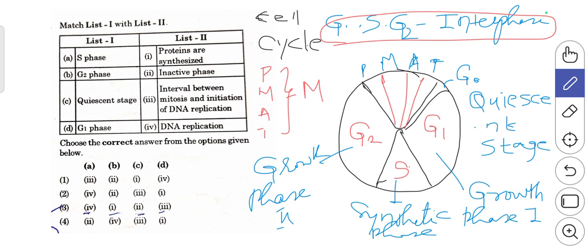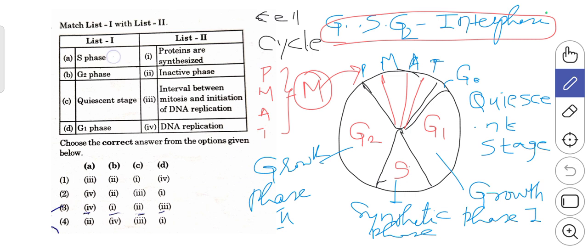Then the cell enters G2, growth phase 2, where macromolecules like proteins are synthesized and completed. Then the cell is ready to undergo division and enters the M phase.